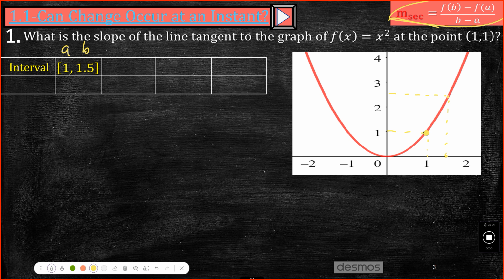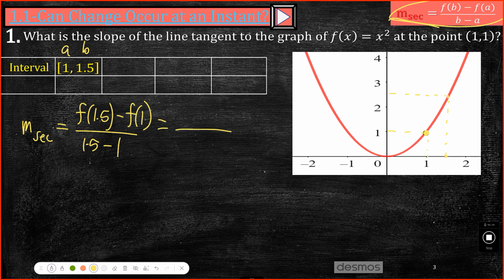So let's go ahead and do it. M secant for this approximation will be, looking at the formula, B minus A, so 1.5 minus 1, and f of 1.5 minus f of 1. 1.5 minus 1 is 0.5. Plug 1.5 into the quadratic: 1.5 squared is 2.25. You can get a calculator and verify that with me. Minus f of 1: 1 squared is 1.